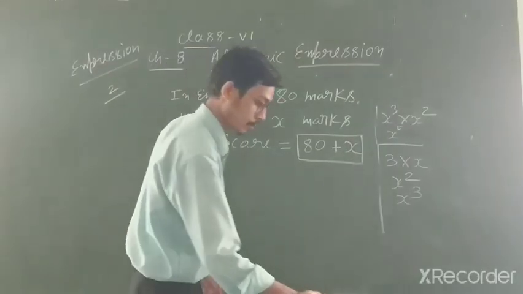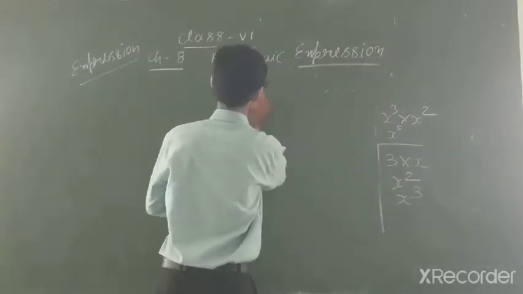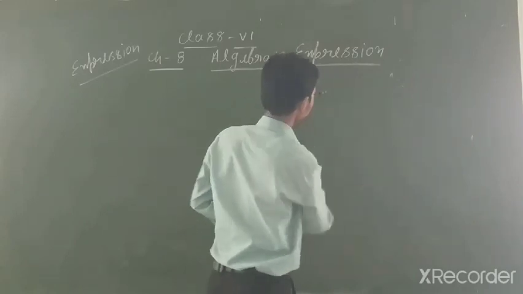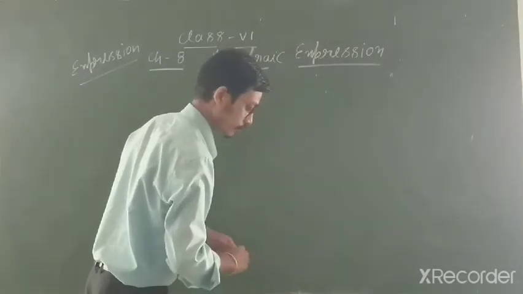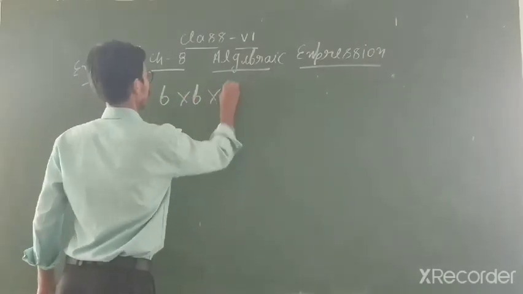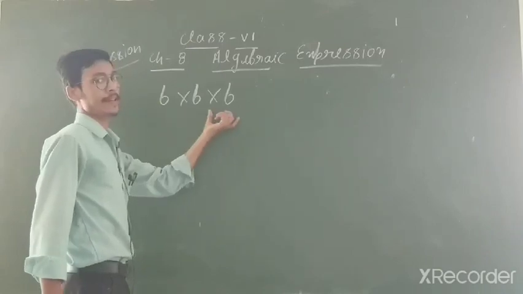Now student, come to the question number 3rd. What is given in question number 3rd student? First I will explain one thing. See carefully. Like if it is given b multiplied by b multiplied by b, clear student? So b multiplied by b multiplied by b, how many times b?